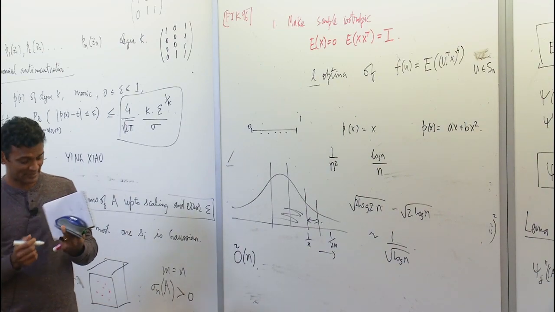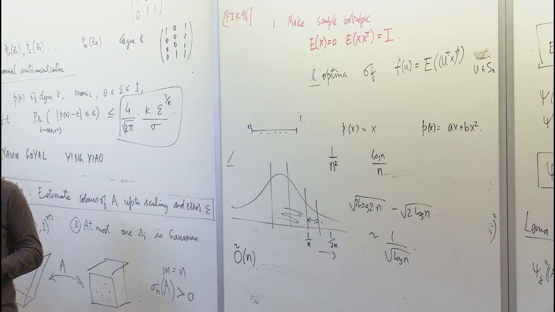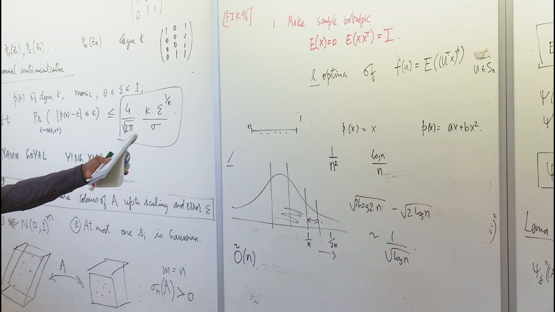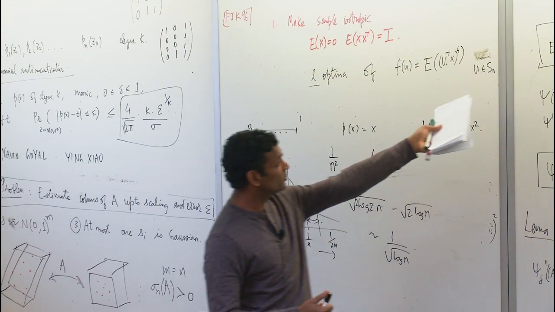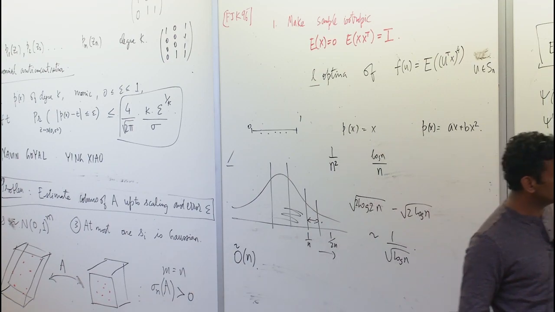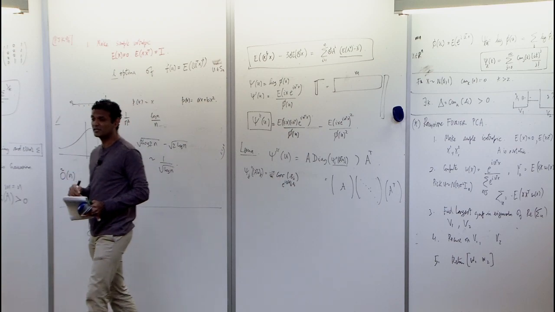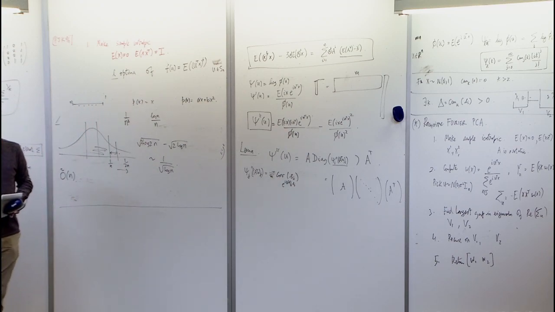If you go to polynomials of degree 3, the gap becomes 1 over n to the 0.6. So it doesn't work. But degree 2 already is interesting because that corresponds to the fourth moment assumption. So under this fourth moment assumption, you can actually do ICA with a nearly linear number of samples using PCA recursively.